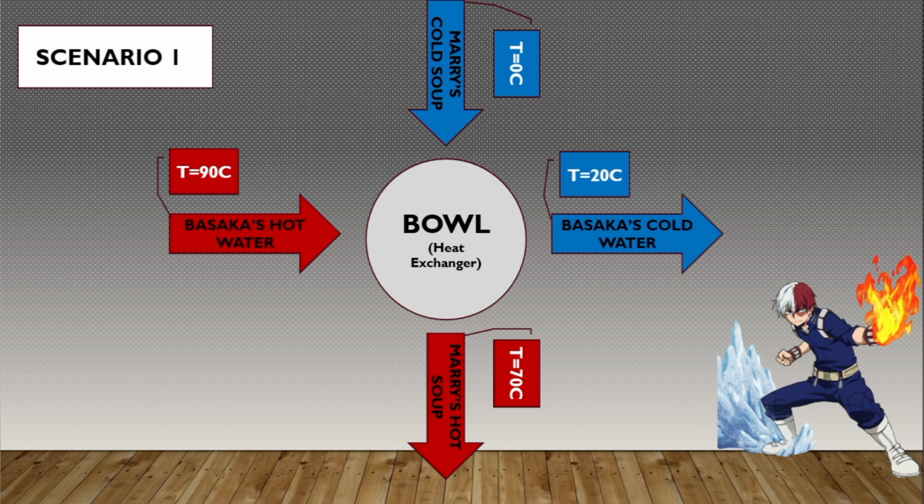With this, if we do a little calculation, we could see that our change in temperature is about 70 Celsius. So we transferred 70 Celsius from Basaka's hot water to Mary's cold soup. And now Basaka has a temperature of 20 Celsius for his water, and Mary has a temperature of 70 Celsius for her soup.